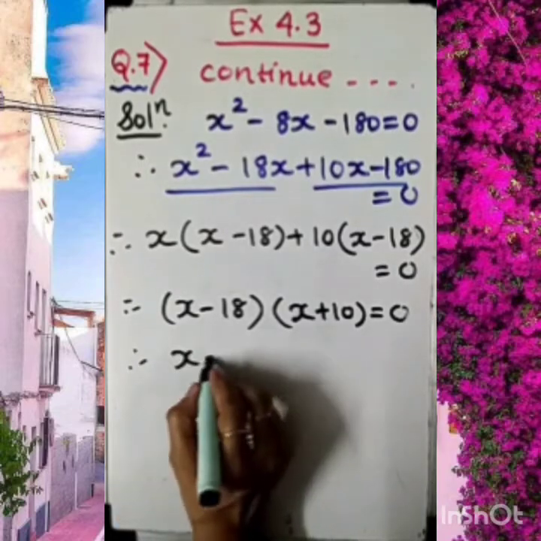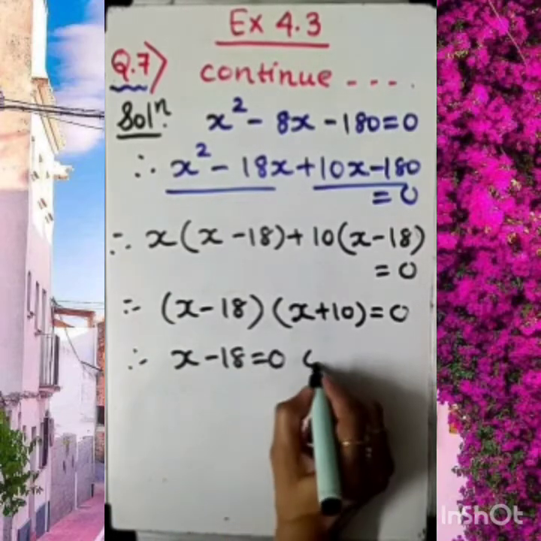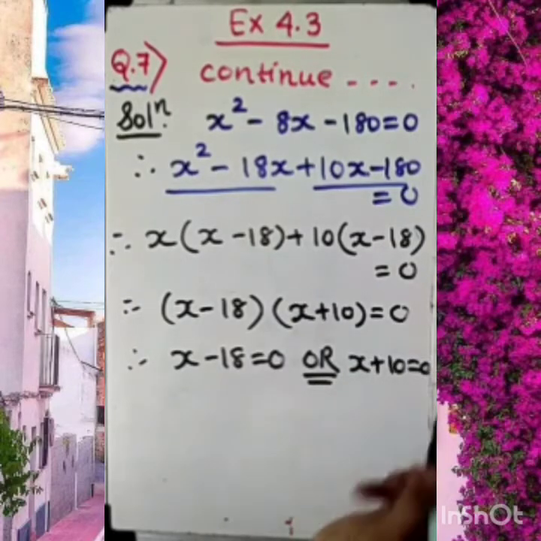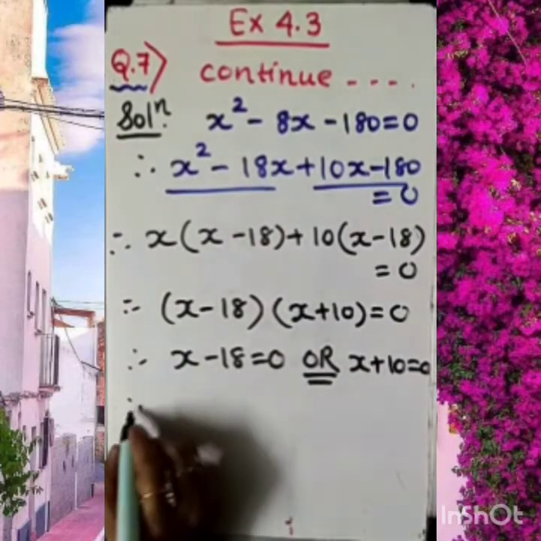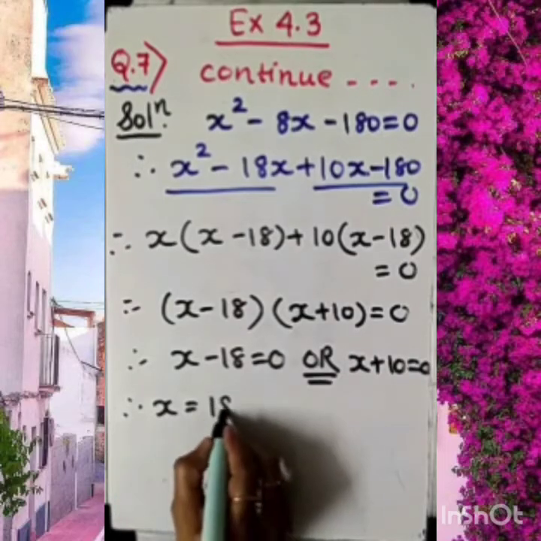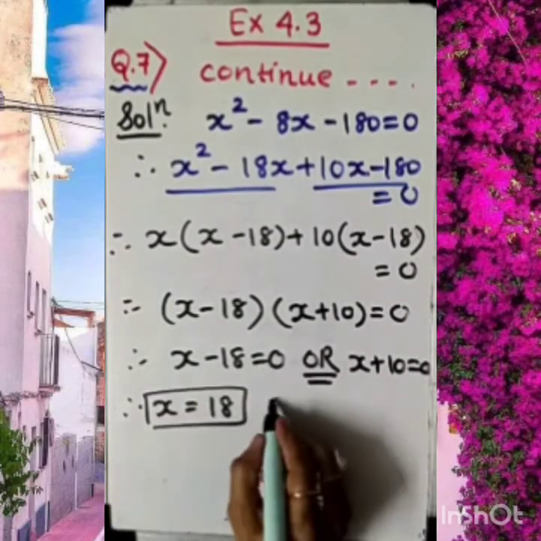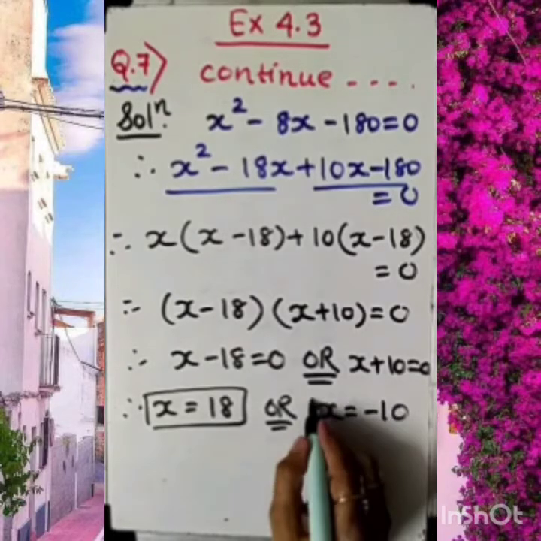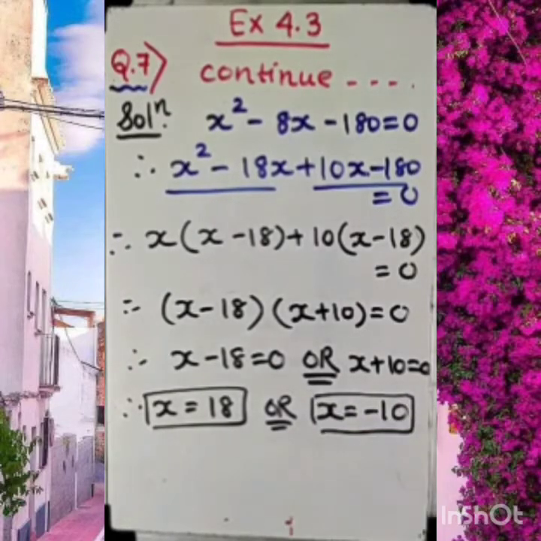Therefore x minus 18 equal to 0 or x plus 10 equal to 0. This is quite easy. Therefore x equal to 18 positive or x equal to minus 10. So these two are the roots of the given equation.